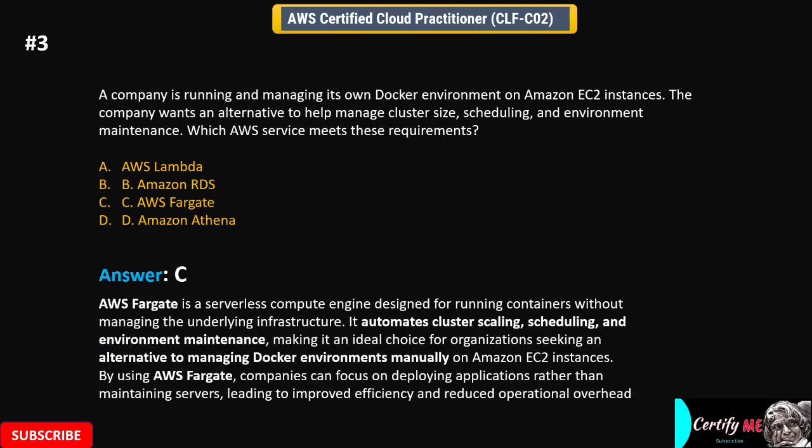AWS Fargate is a serverless compute engine designed for running containers without managing the underlying infrastructure. It automates cluster scaling, scheduling, and environment maintenance, making it an ideal choice for organizations seeking an alternative to managing Docker environments manually on Amazon EC2 instances.